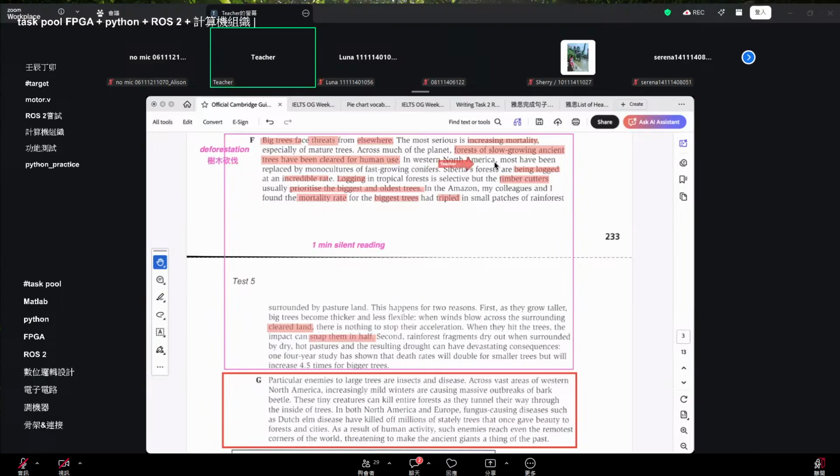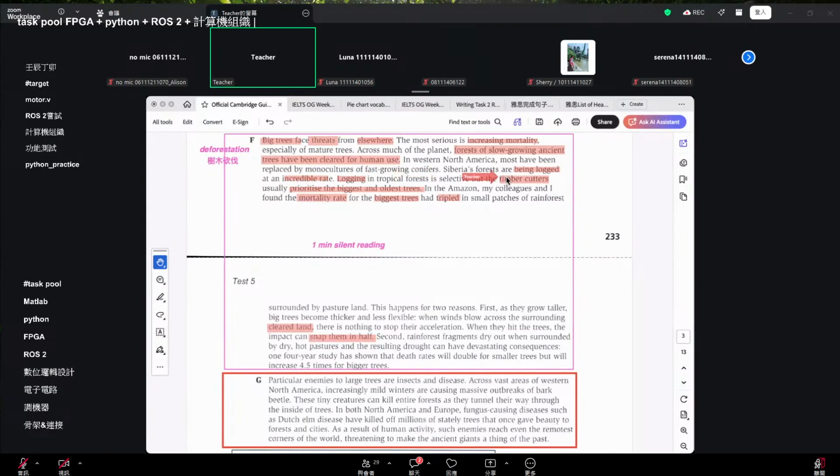They first talk about being logged, incredible rate, which means real fast, right? Rate means speed, pace, velocity. For example, the speed of a bullet. So that's why they say incredible rate. A speed of a bullet being, for example, someone being shot, and we knew it's going to happen fast.